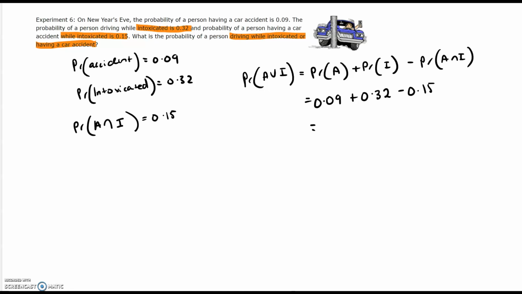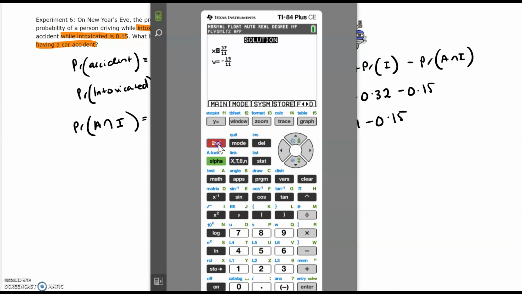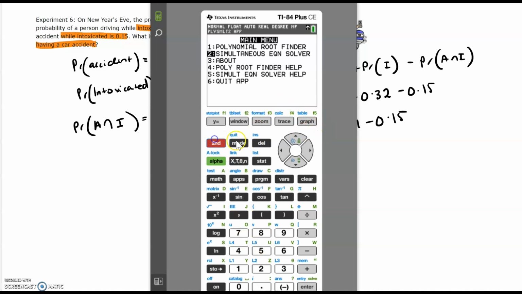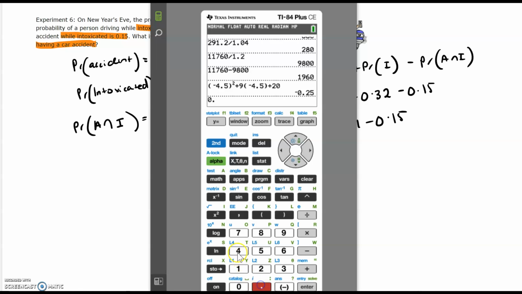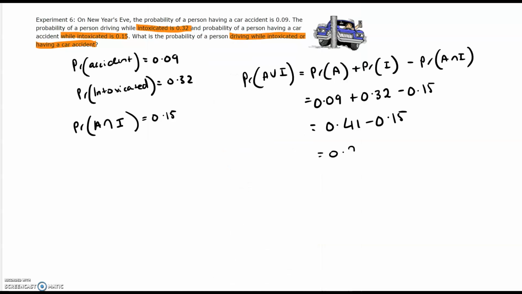That gives me 0.41 minus 0.15, and I get 0.26. So that would be the probability of a person driving while intoxicated or having a car accident on New Year's Eve.